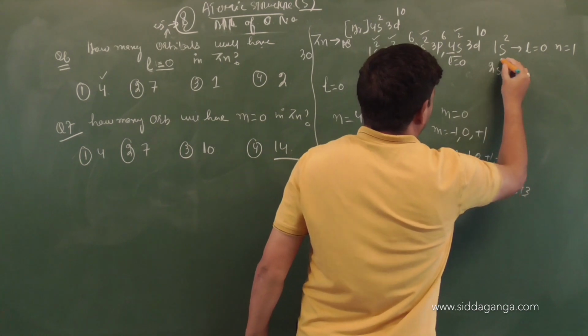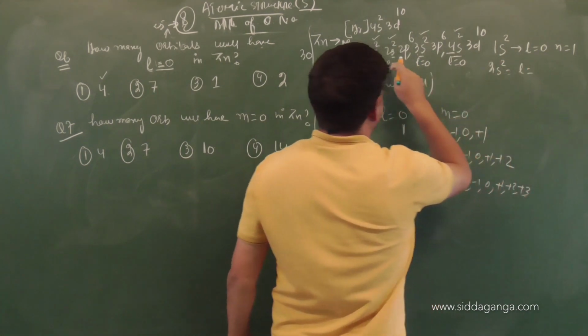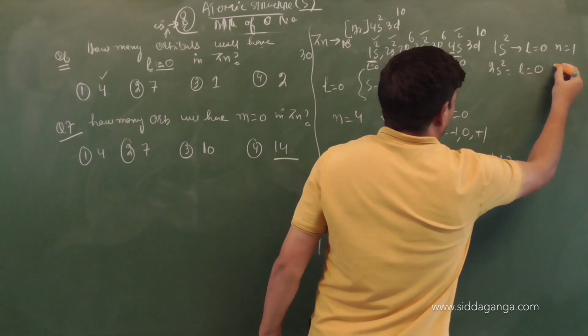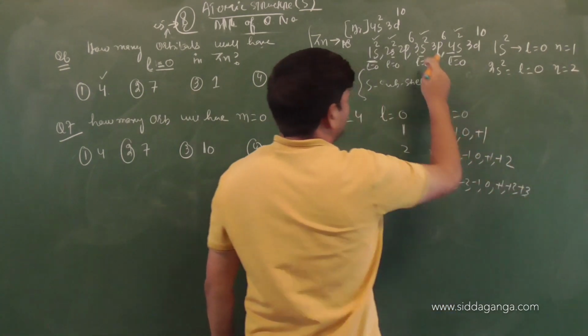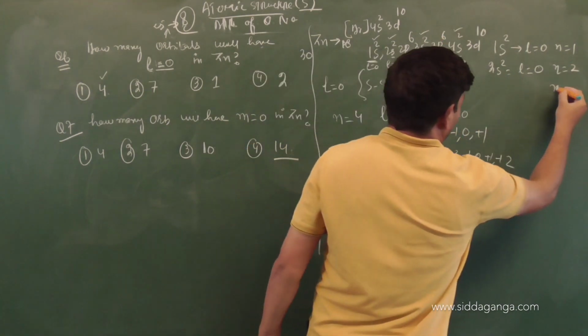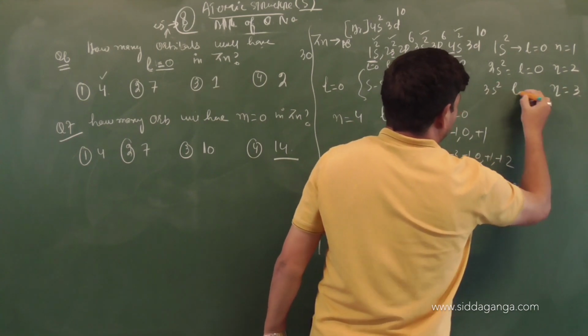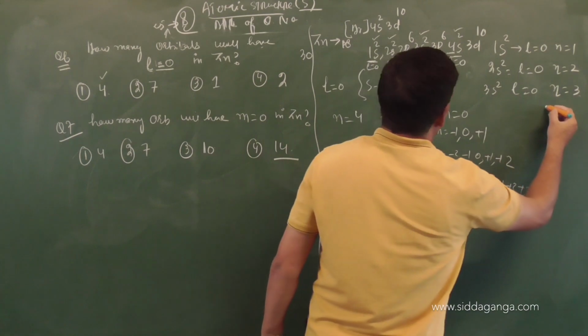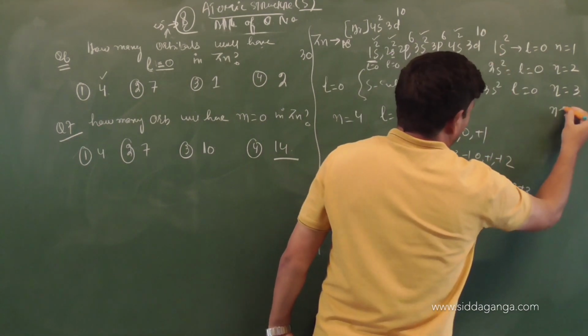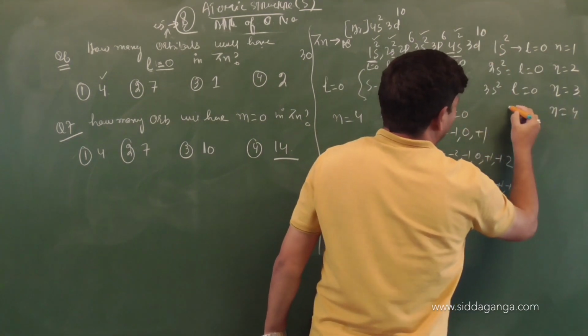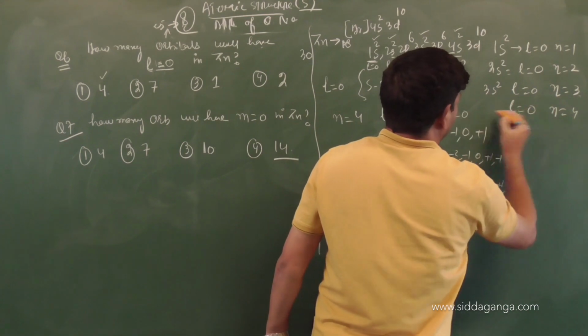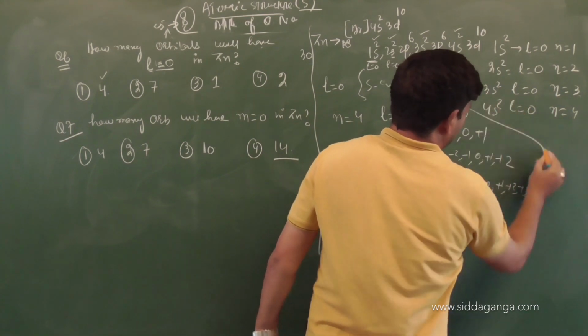For 2s2, what is the L value? 0. But what is the N value? 2. For 3s2, what is the N value? 3. What is the L value? 0. Very good. For 4s2, what is the N value? 4. What is the L value? 0. Try to understand it.